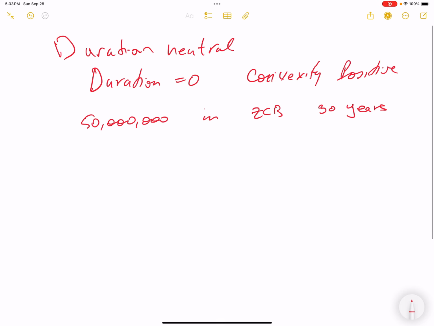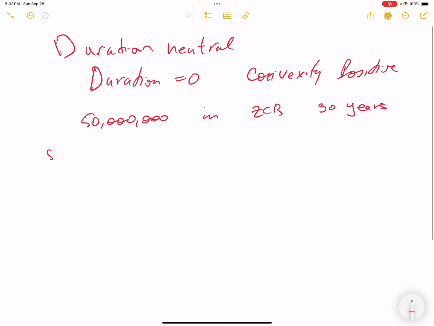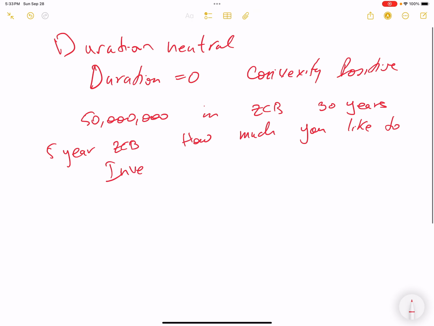Okay, now let's assume that you have a 5-year zero coupon bond and you want to create a duration neutral portfolio. So how much do you want to invest in a 5-year zero coupon bond so that the overall portfolio duration would be 0, right?